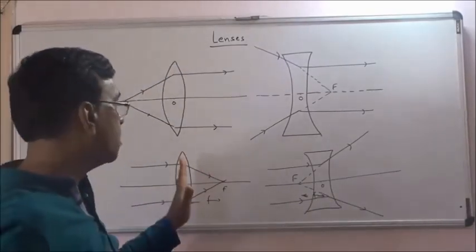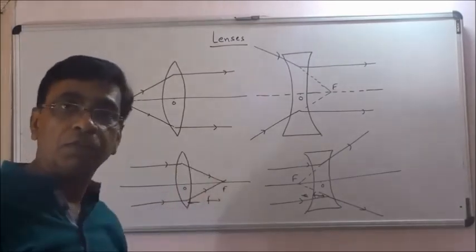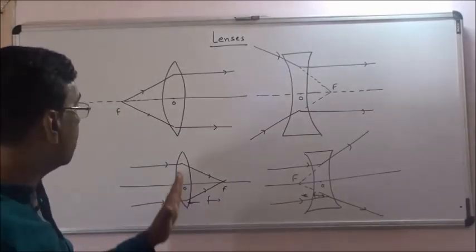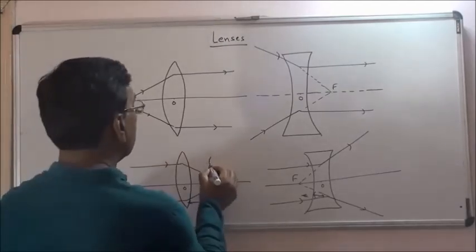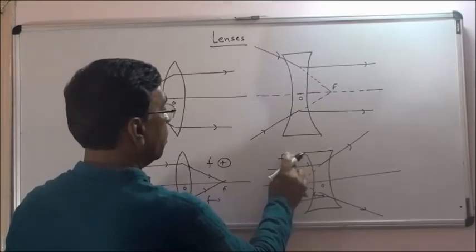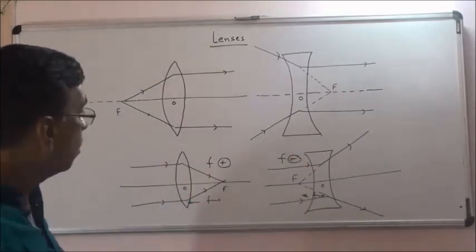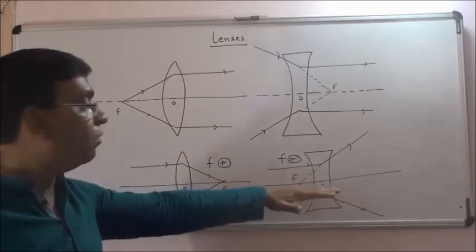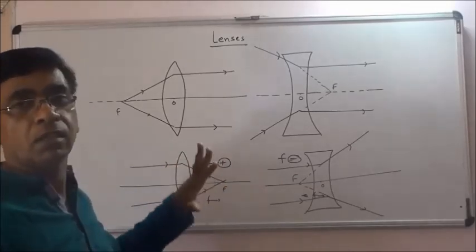So if the distances are to be measured from O, and if the distance is in the direction of the incident ray, it is taken as positive, opposite to the incident ray, it is taken as negative. Here it is in the direction of the incident ray, so focal length will be positive. Here focal length will be negative. Focal length for concave lens is taken as negative. Focal length for convex lens is taken as positive.